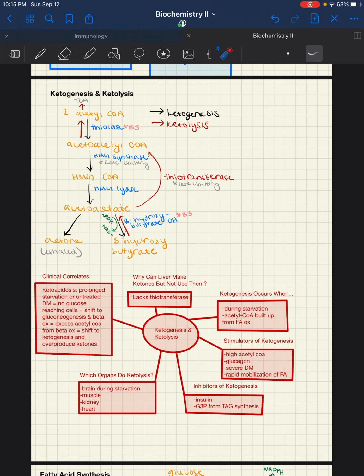So we're doing gluconeogenesis during starvation. We're also doing beta oxidation, but acetyl-CoA is so high that we're going to start producing ketones from it. So like I said, this is the substrate of the whole pathway. So if we have this, we can go forward.